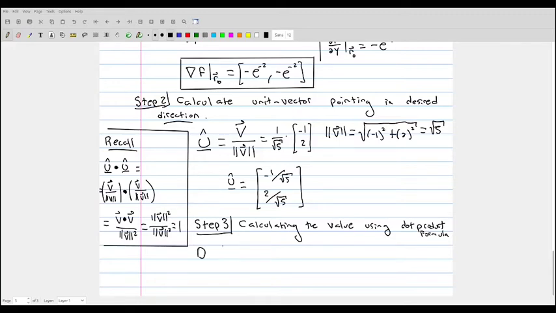We say the directional derivative of f at the point r naught in the direction u hat will be the dot product of the gradient vector at the point r naught with this direction vector u hat, or the dot product of the vector e to the negative 2, negative e to the negative 2, with the vector negative 1 over root 5, 2 over root 5.